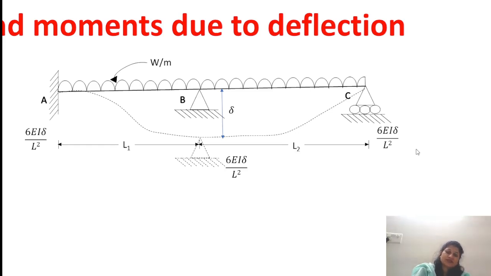The same displacement occurs at each and every joint. Now the only question is the sign convention: where it is positive and where it is negative.